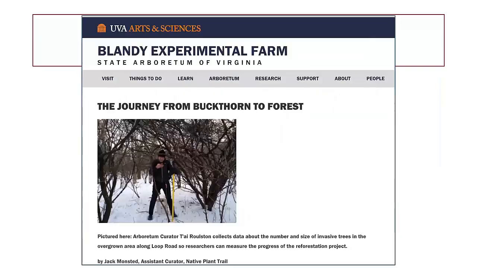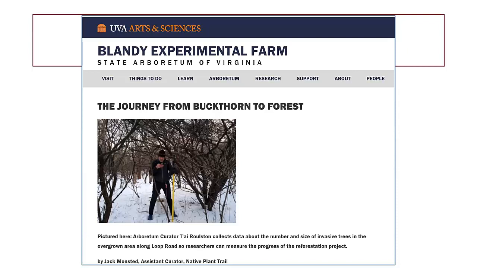This is from the Blandy Experimental Farm, which is our state arboretum. The folks at Blandy had decided that they were going to let some fields naturally succeed into forest land. There were several acres adjacent to the current arboretum that they had purchased, and they were going to let it just naturally develop into what they thought was going to be forest land.